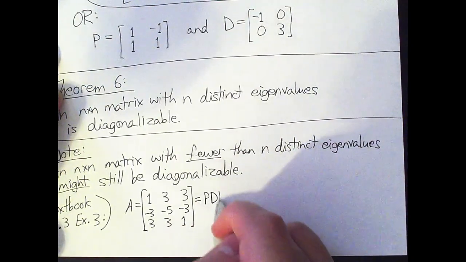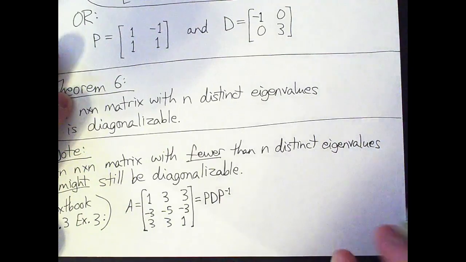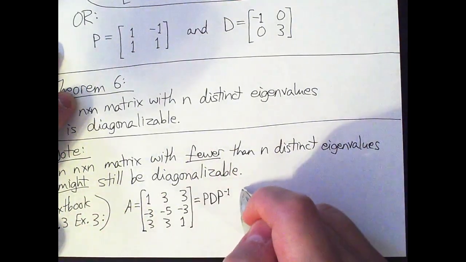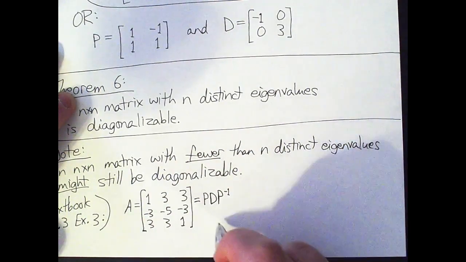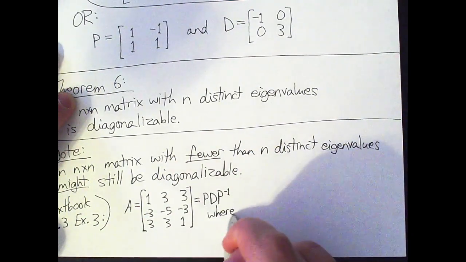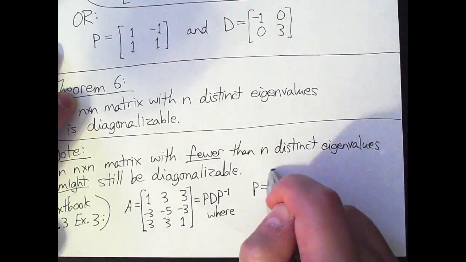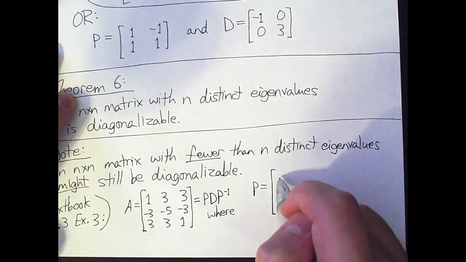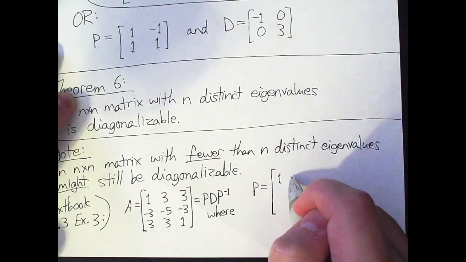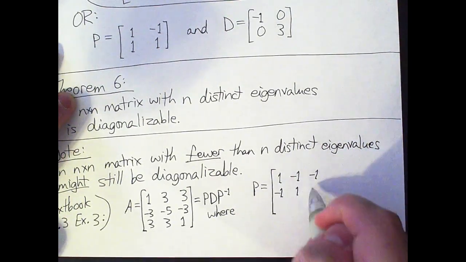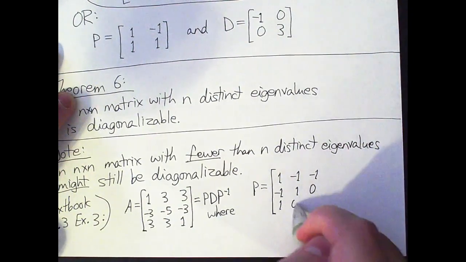It equals PDP inverse, where for this one, P is 1, -1, -1, -1, 1, 0, 1, 0, 1.